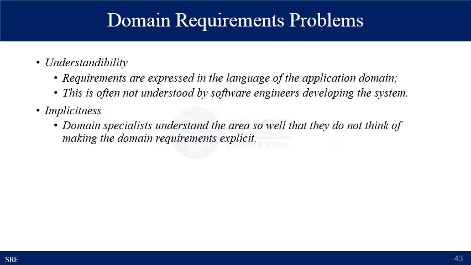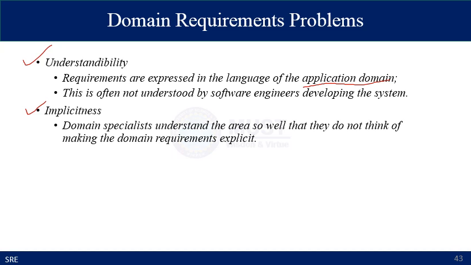So you have two domain requirement problems. The first one is understandability and the second one is implicitness. Requirements are expressed in the language of the application domain. That means you have to learn the domain of the application to understand the domain requirements.